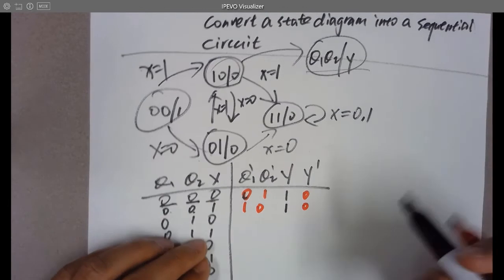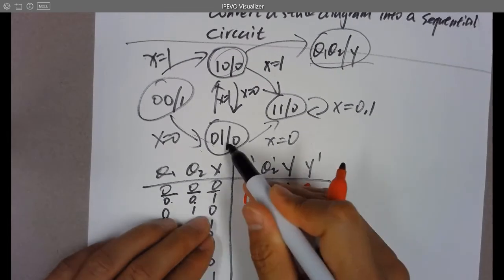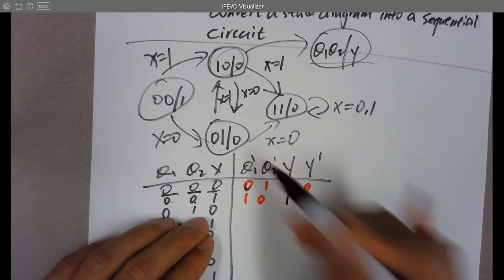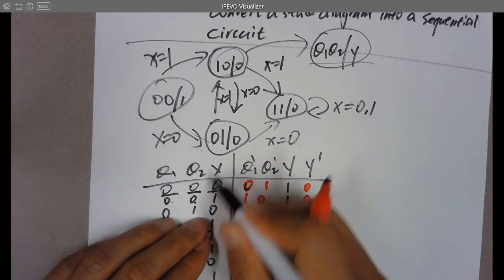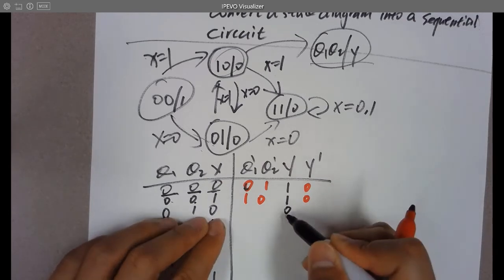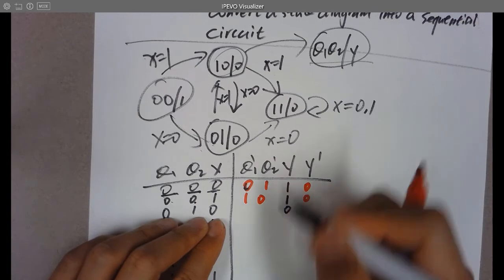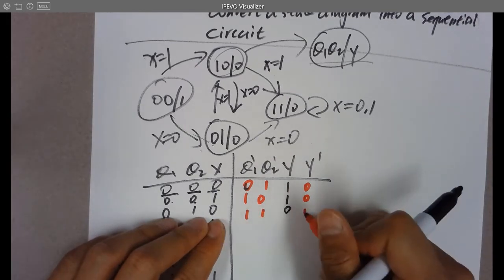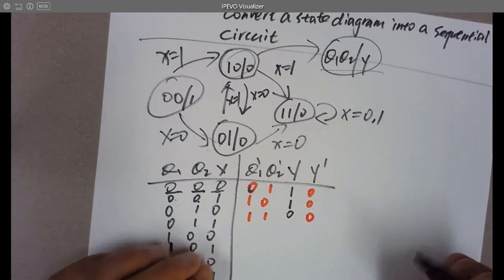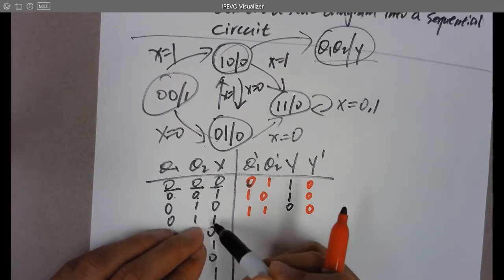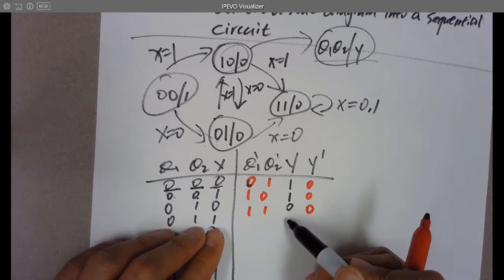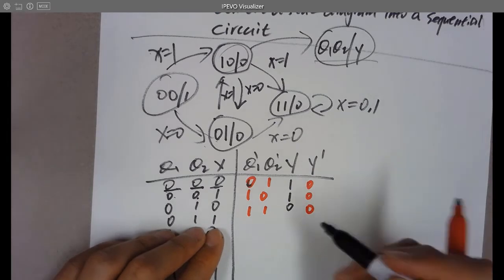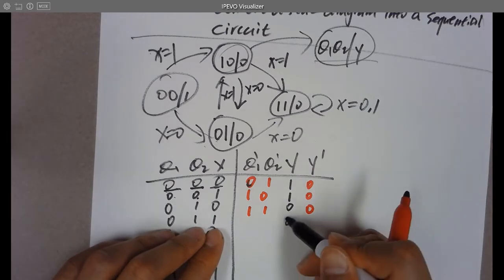Okay? And 0,1,0, when x is 0, it's going to jump to 1,1,0. Right? And for 0,1, you only have 0,1,0, right? 0,1,0.